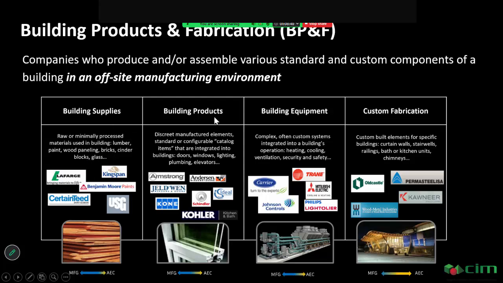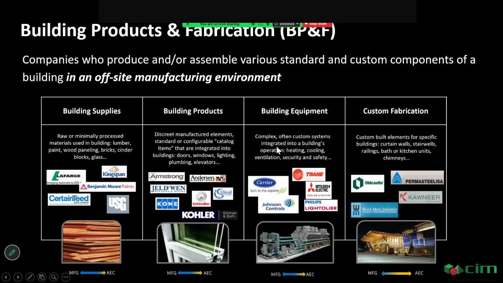Supplier. And then you go now nagiging discrete na siya. So you have a catalog now of items. So you're able to have a product of doors, product of windows, lighting, elevators. So these are some of the familiar brands. And then yung building equipment, medyo complex na siya from product.